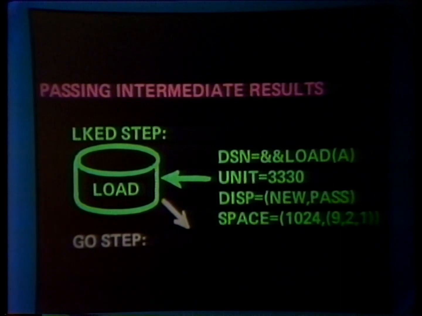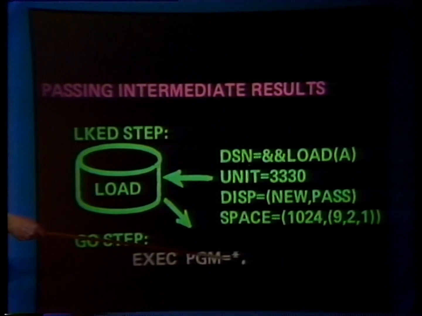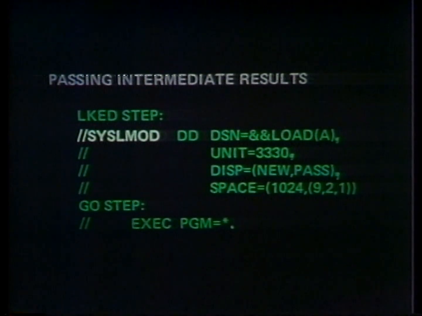Now, in the go step, the load module is retrieved using a backward reference in the execute statement. You recall that an asterisk is used to specify a backward reference. To complete the backward reference, we need the name of the DD statement in the link edit step that specified the creation of the load module, and that DD name was syslmod.